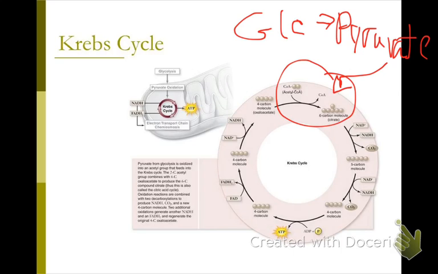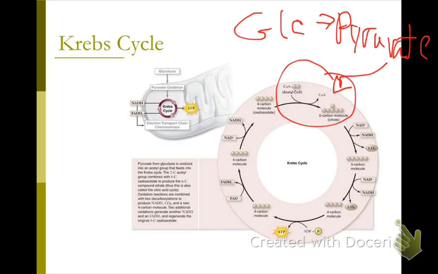Again, not necessary for you to know that, but you do need to understand that there's a cycle here. Per 1 glucose, how many times does the cycle go through? 2, because we're taking 1 glucose and breaking it into 2 pyruvates, and it's going to go through both pyruvates.